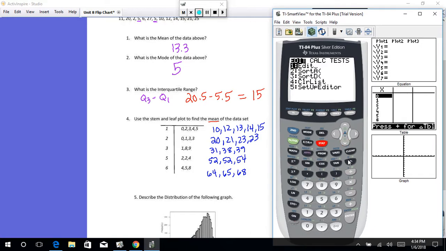Okay, so let's go back to our calculator and put these guys in there. Be careful adding them. You don't make a little mistake and put 113 like I have done on several occasions. 38, 39, and now onto our 50s.